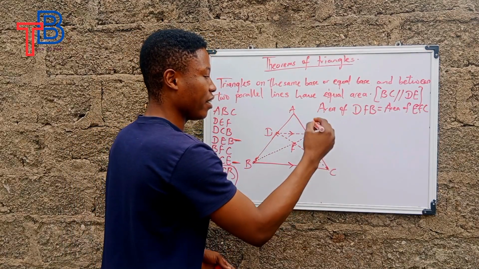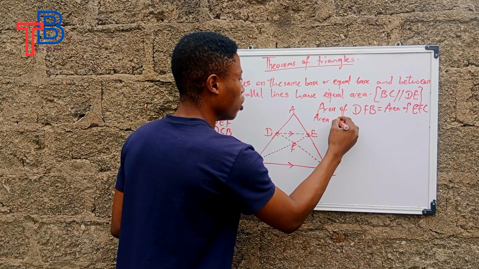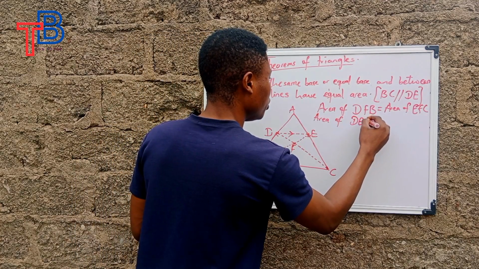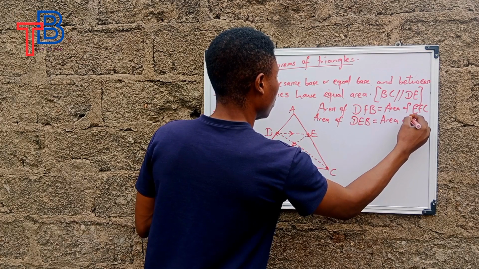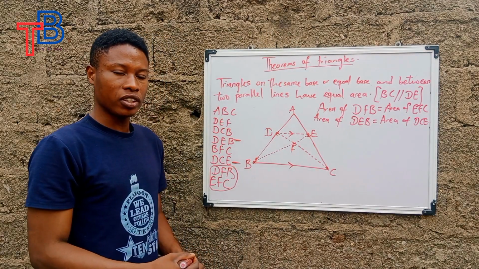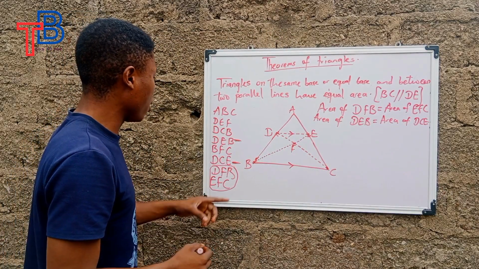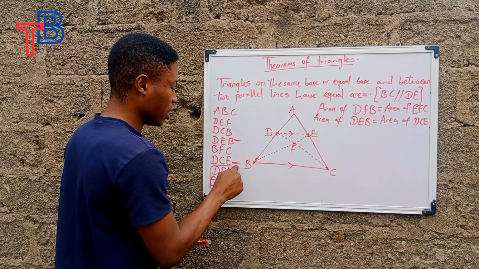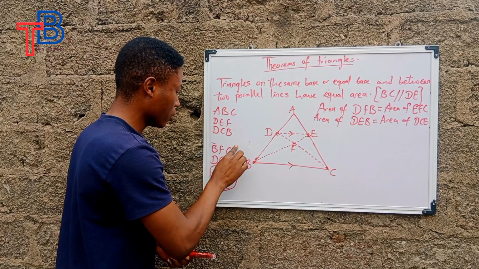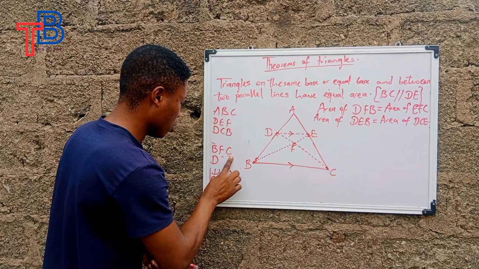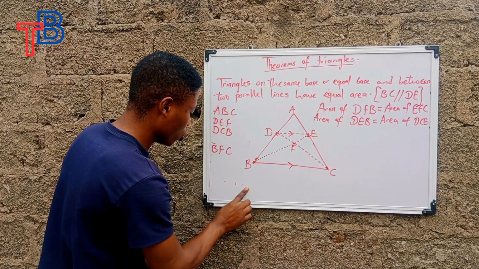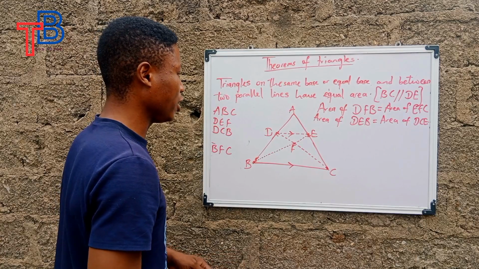So we can say the area of DEB is equal to the area of DCE. I'm talking about triangle DCE, please. So the area of this triangle will be equal to the area of this triangle. Let me clean that out so we won't get confused. We have all this one out because we've pointed out that they are equal to each other.